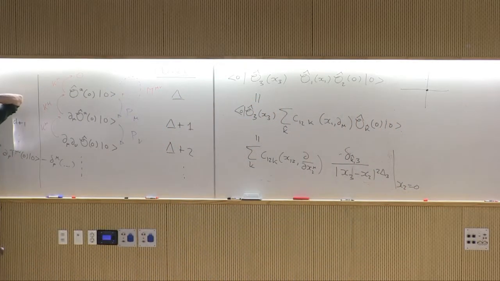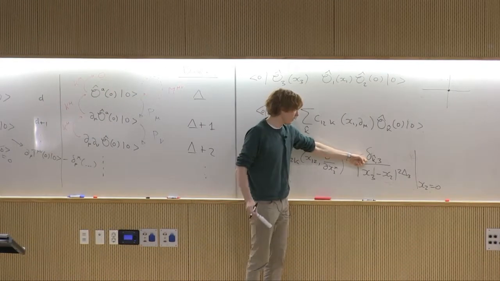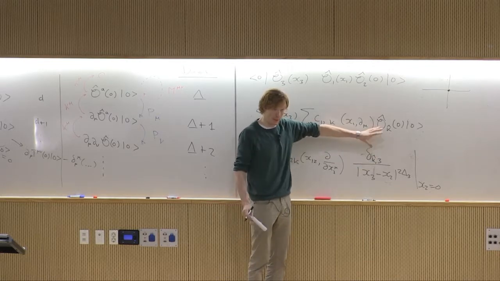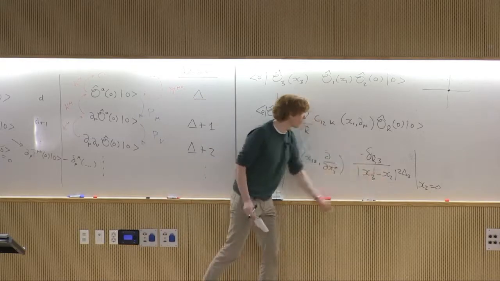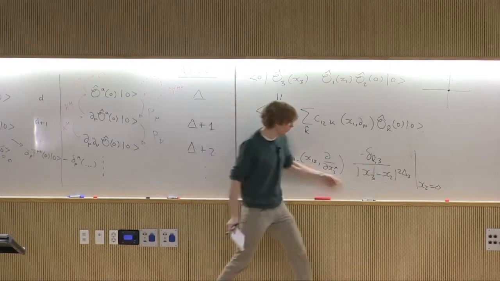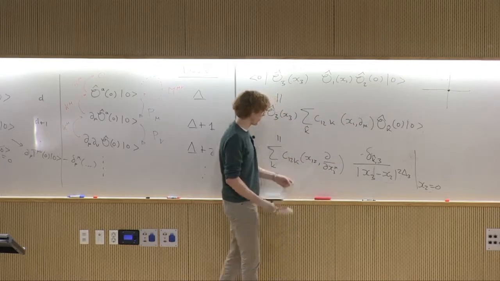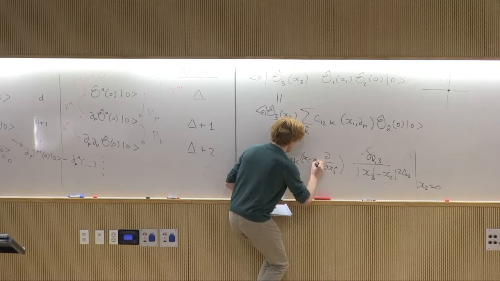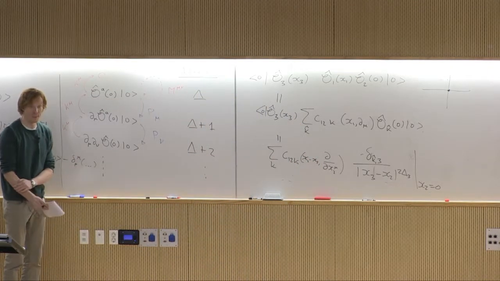This is the two-point function. There's a coefficient there, which I'm going to normalize to delta ij. I introduced an x2 here that I set to 0 so that I know what my differential operator acts on, and I should call this x1 minus x2. Okay, everybody still on board?